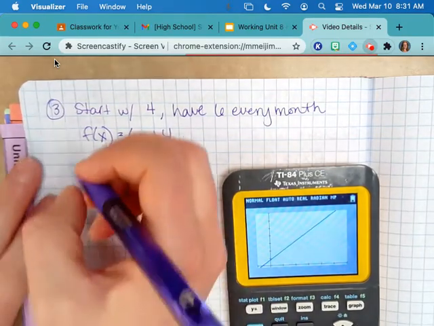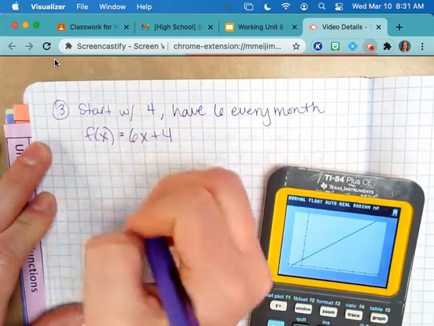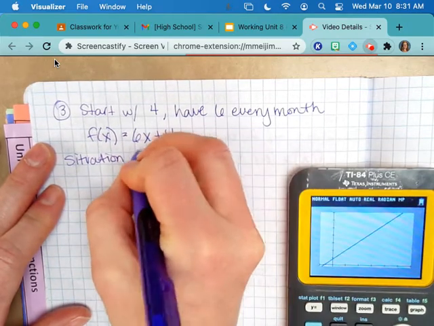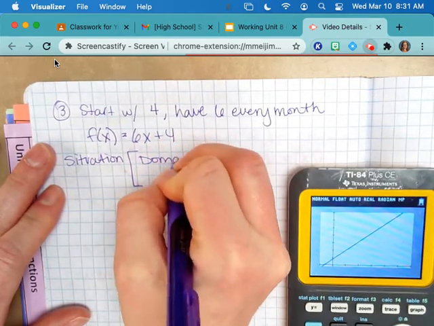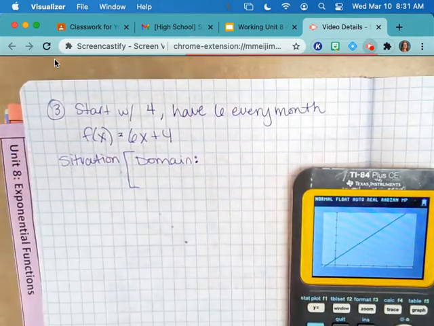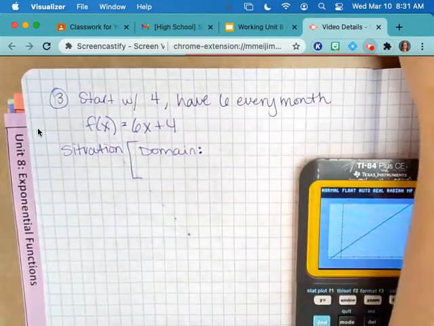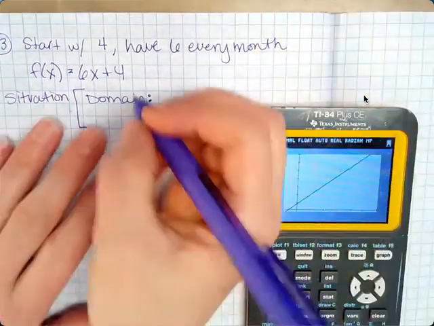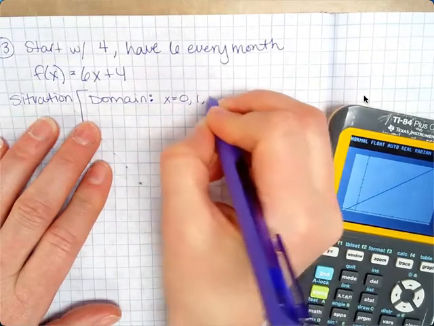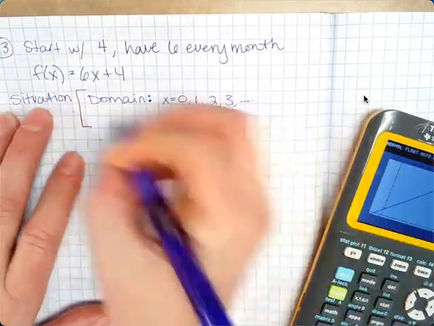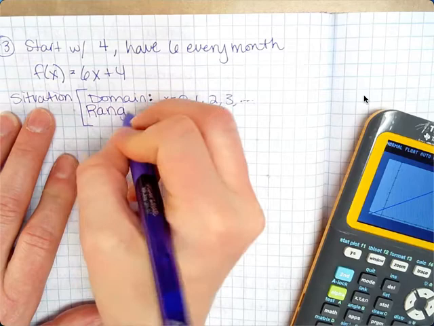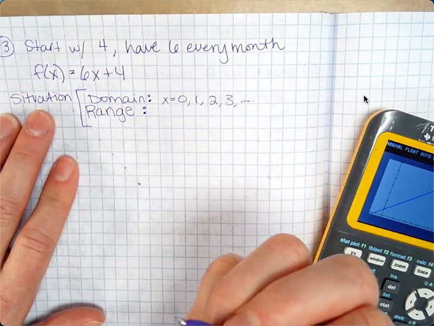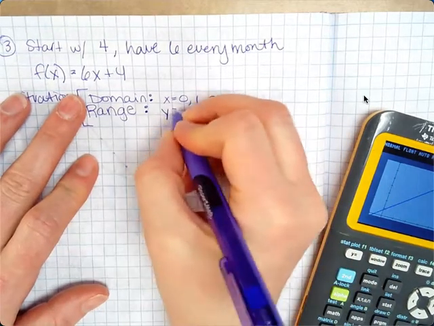So let's look at, for the situation, the domain and range. For the domain, what are the x values? Yeah, x equals 0, 1, 2, 3, and so on. Then the range. 4, 10, 16, 22.